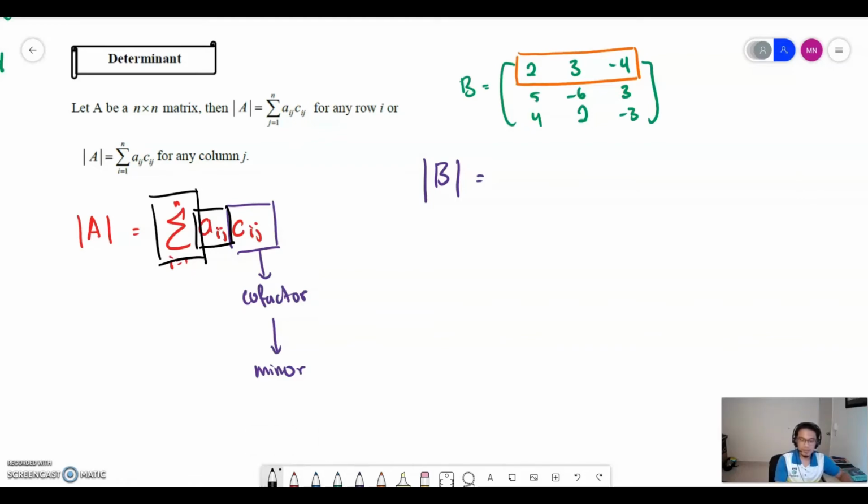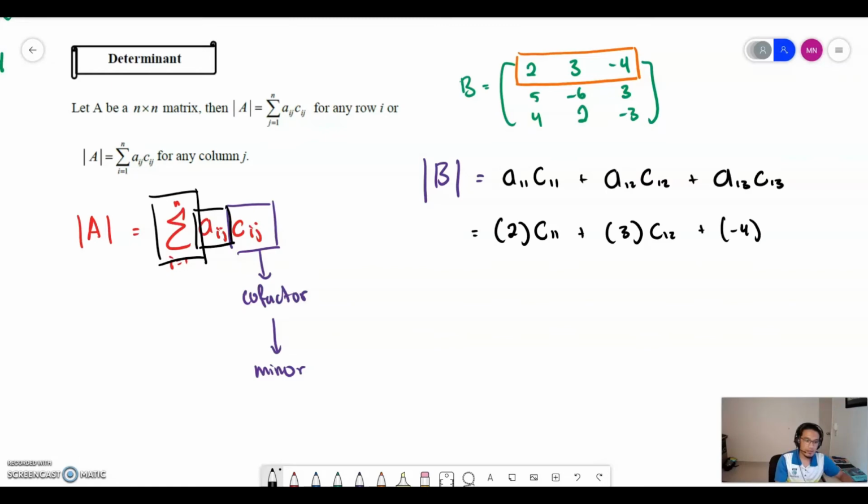So that will be A11 C11 plus, because of the summation symbol, A12 C12 plus A13 C13. Based on the matrix of B, A11 is actually 2, multiplied with C11. A12 is 3 C12. And A13 is negative 4 C13.